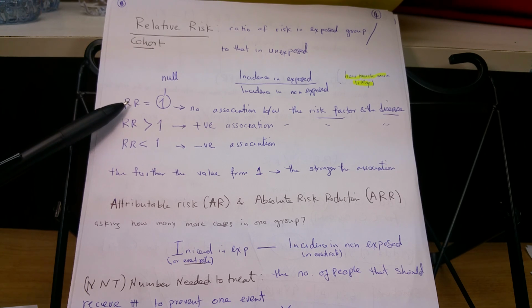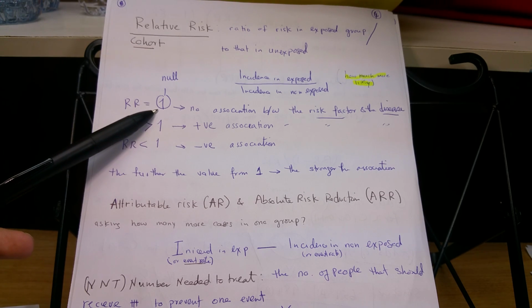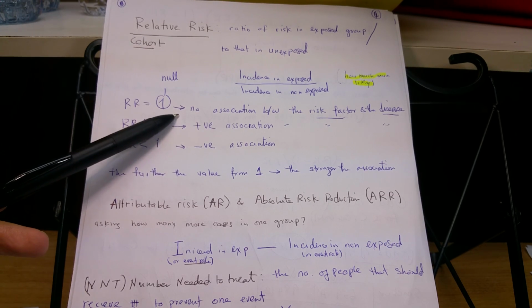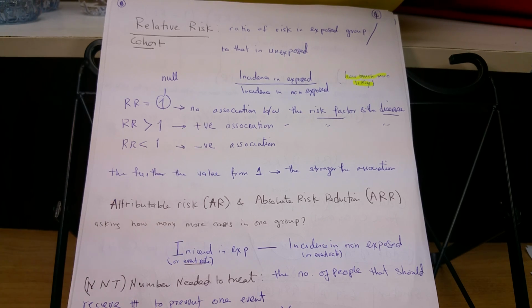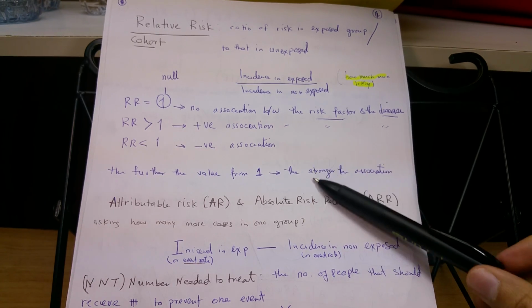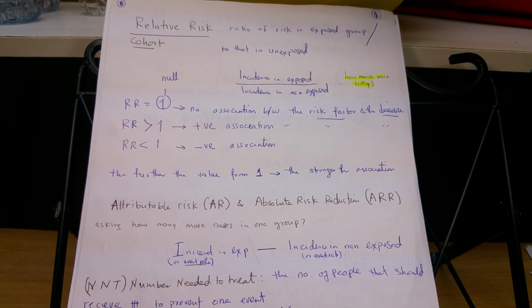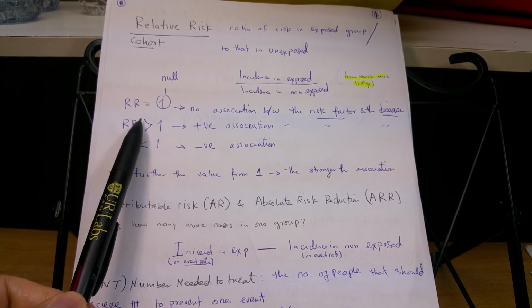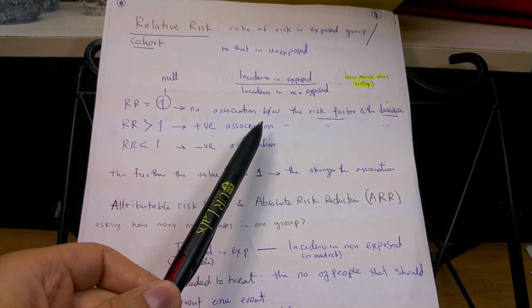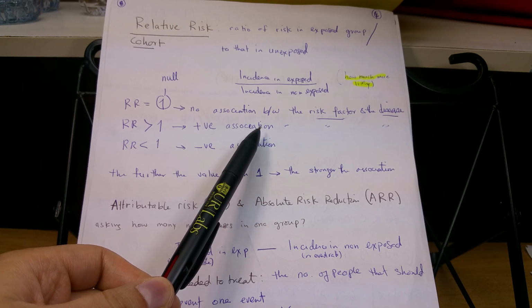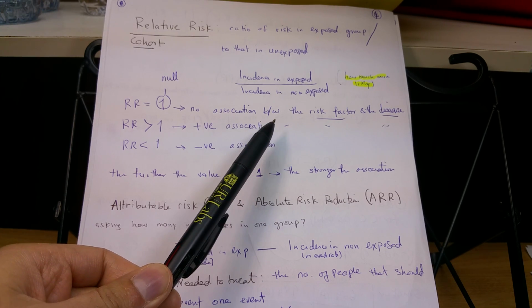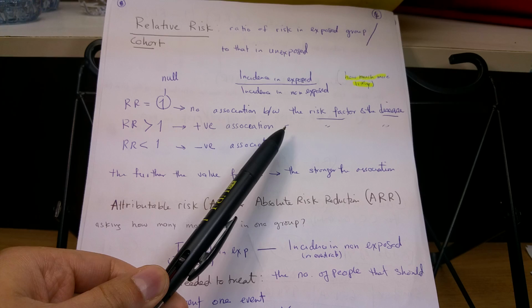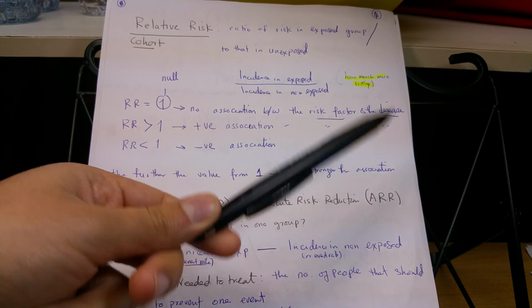So a relative risk of 1, which is a null value, tells us there is no association between the risk factor and the disease. But if it's more than 1, there's a positive association, which means as we increase the risk factor, there is more disease.